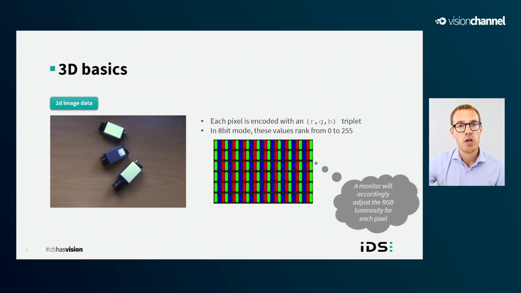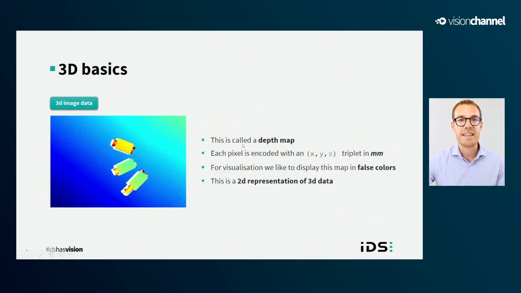As a conclusion, you can say that a 2D color image contains 3D information for each pixel. Only this 3D information is in the RGB color space, whereas when talking about 3D cameras, we are looking for depth information. A depth or 3D camera will typically output a depth map.